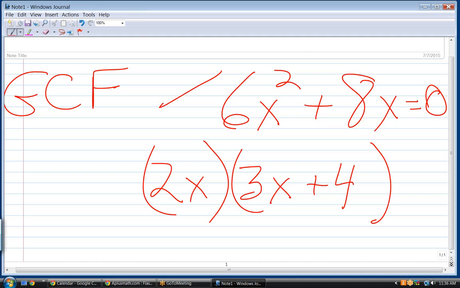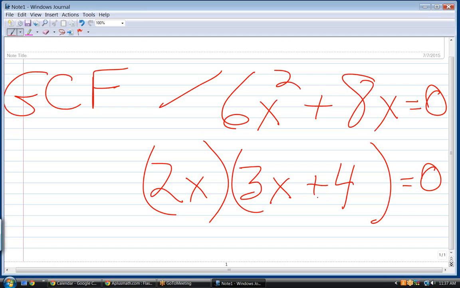When I'm adding two things together and they're equal to 0, x could be most anything. I wouldn't know how to solve that. But if I can factor that expression, and I can get two things multiplied together that are equal to 0, it's a whole different story.